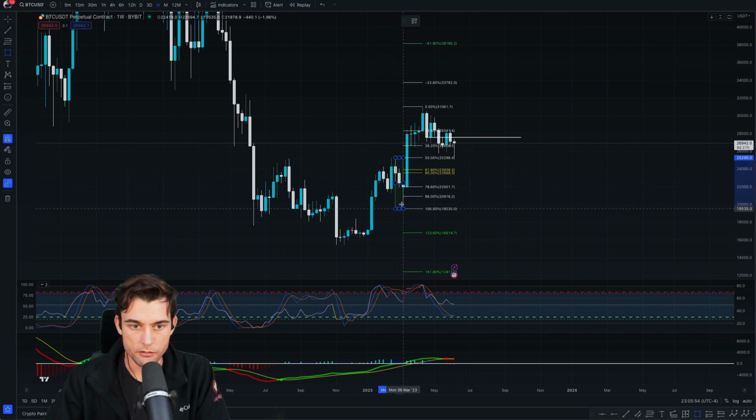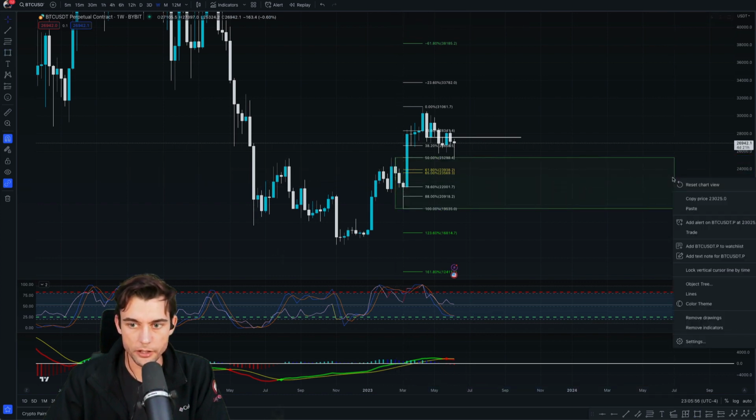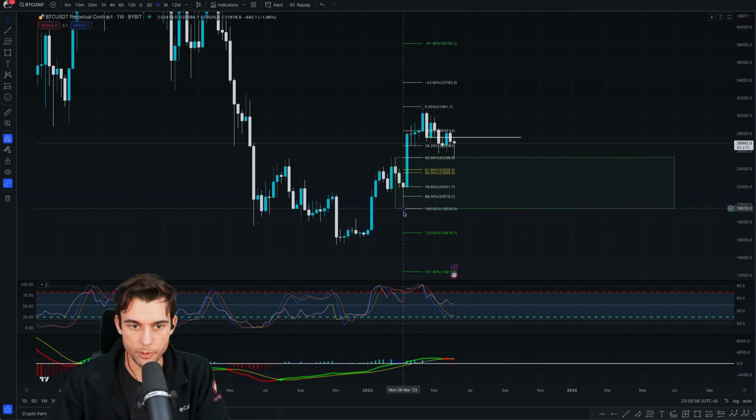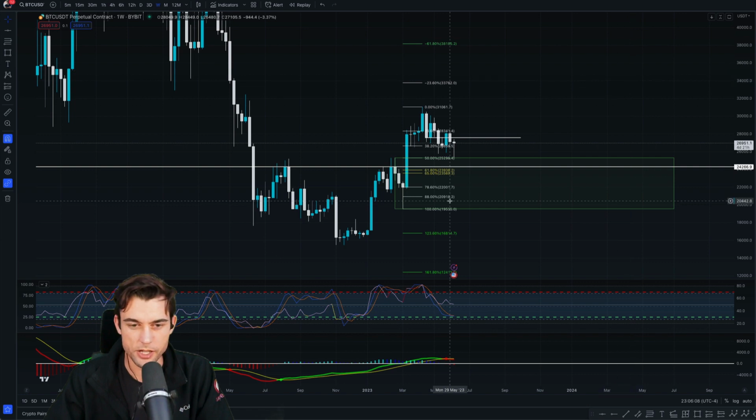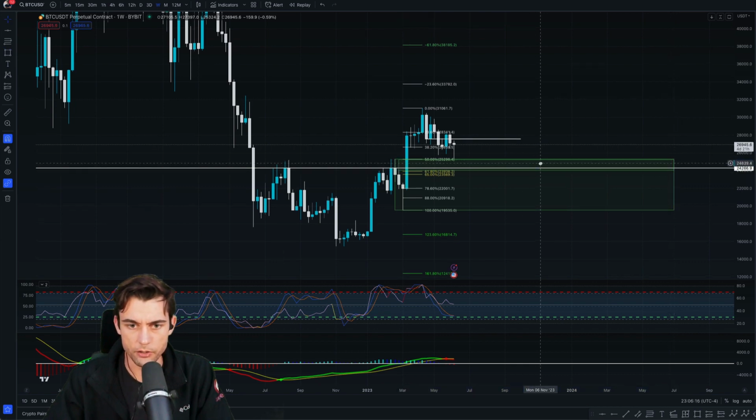So this move is the weekly bullish breaker because it's the down move before the up move that ended up breaking the market structure right here, right? So what I could see is that on the weekly time frame, we have all of this. And so I would really want to look for trades, particularly down in here.